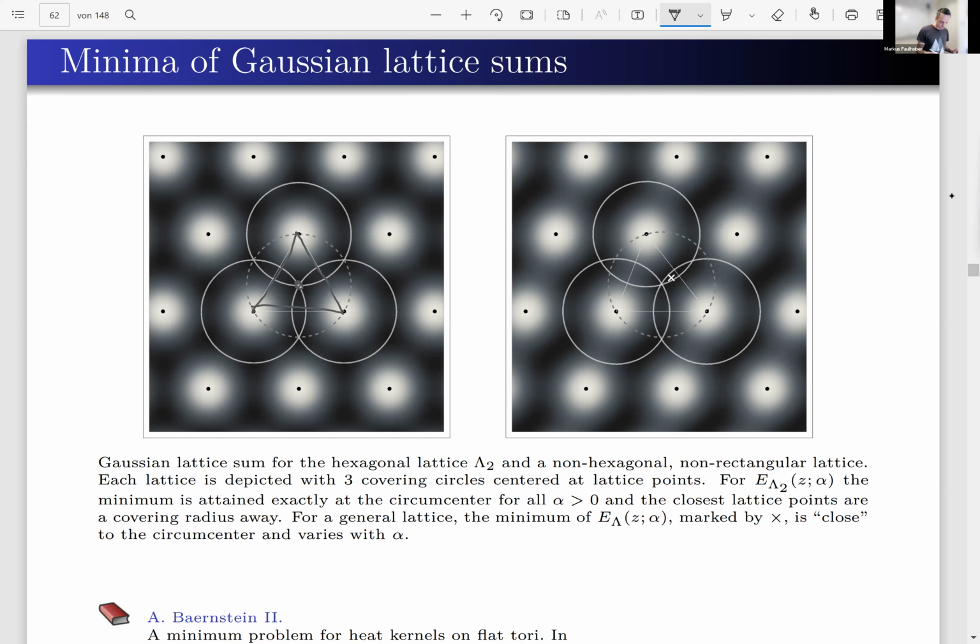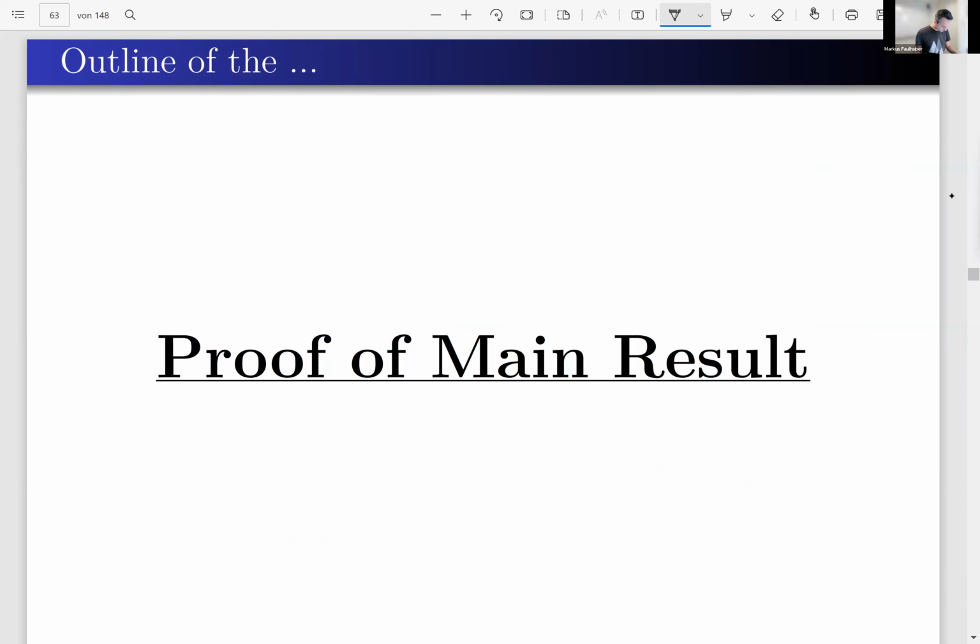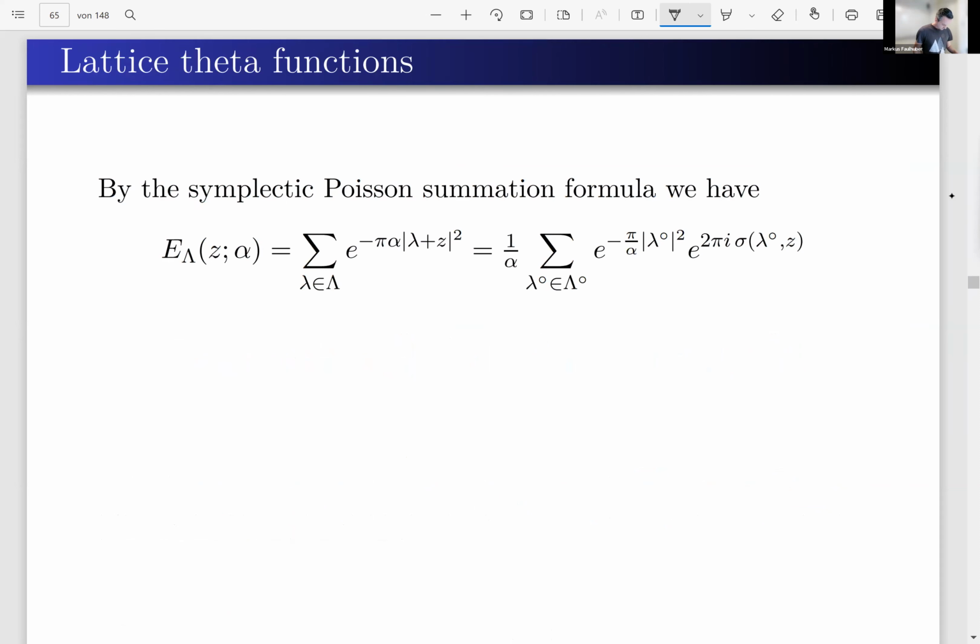In one limiting case, I never recall which one, alpha to 0 or infinity, it will always go into the circumcenter. In the other direction, it will go to the midpoint of the longest side of this triangle. It's also not clear to me how it wanders around, whether it walks on a straight line or not, I don't know. So this was a problem we did not really know how to deal with at the beginning.